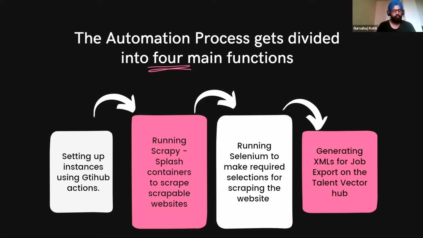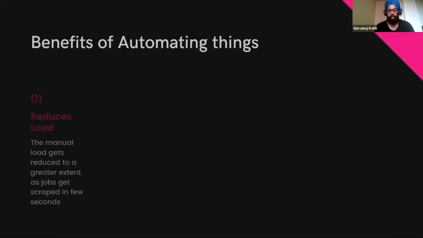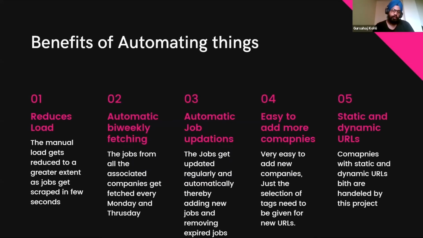And finally, for both the scrapable websites and the non-scrapable websites, with Bamboo HR websites as well as Workday websites, their XML was generated, which helps in generating the job inputs. The benefits of automating these things were, first, obviously the load was reduced.